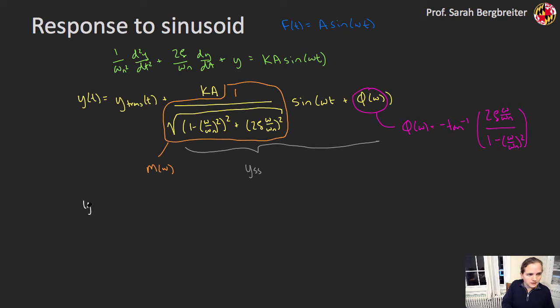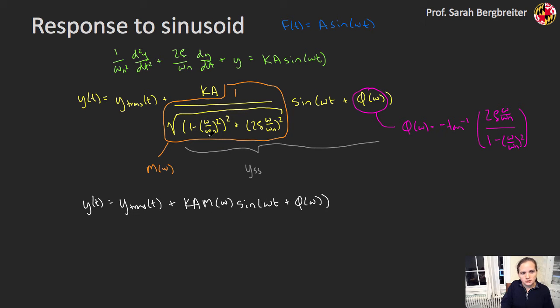So I could rewrite this as y of t is my transient response plus KA, right? That static sensitivity and the amplitude of my sinusoid is going to influence my magnitude response, right? So that multiplied by the magnitude ratio is going to give me my actual magnitude of the output, sine omega t plus that phi of omega, right?